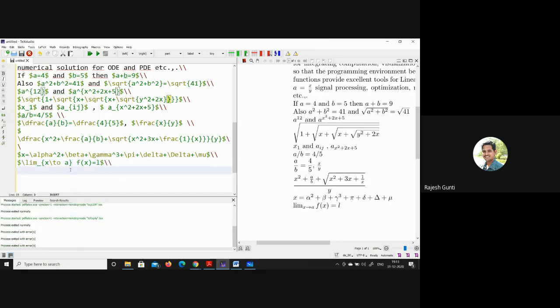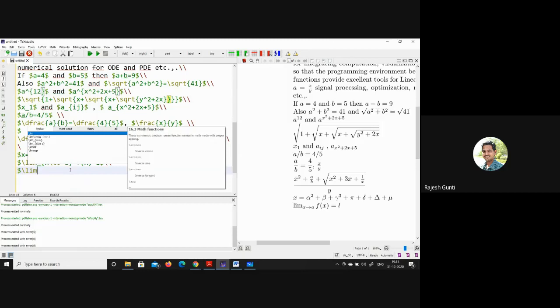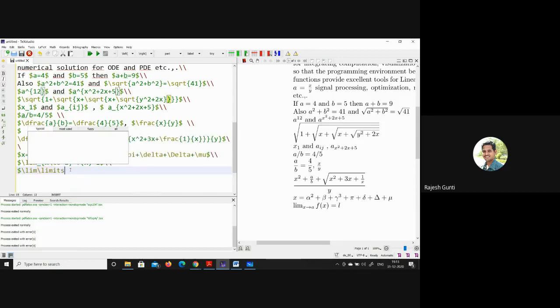Here, instead of this one, if you give a command like this, the same command I am typing with a slight difference: \lim\limits_{x \to a} f(x) = L. The only thing is I have given the extra command \limits.